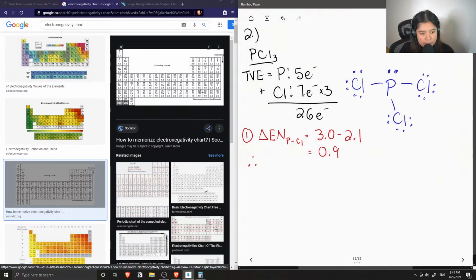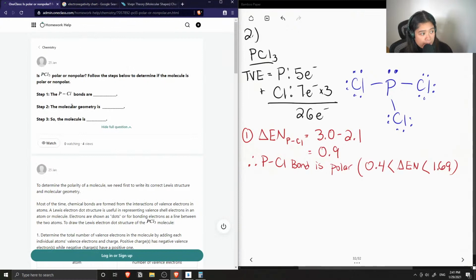So therefore, the phosphorus-chlorine bond is polar, and we know that because its electronegativity difference is greater than 0.4, but it's less than 1.69. So that answers step A.